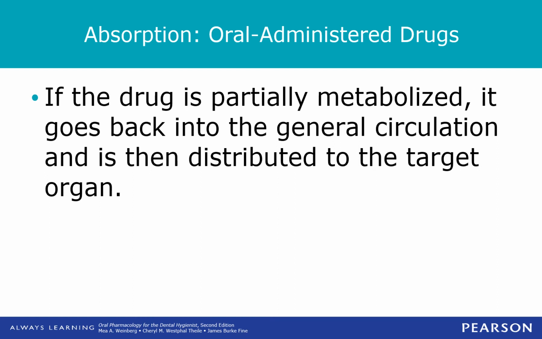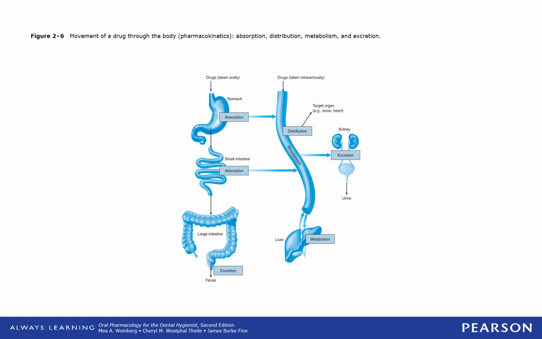If the drug is partially metabolized, it goes back into the general circulation and is then distributed to the target organ. Once again, this shows the movement of a drug through the body: pharmacokinetics, the way it's absorbed, distributed, metabolized, and excreted.